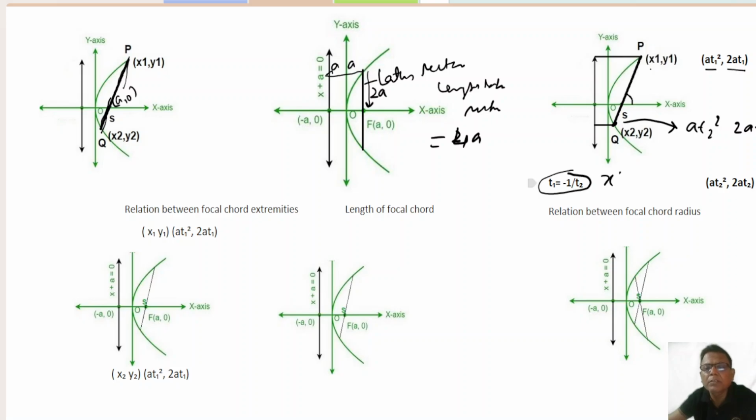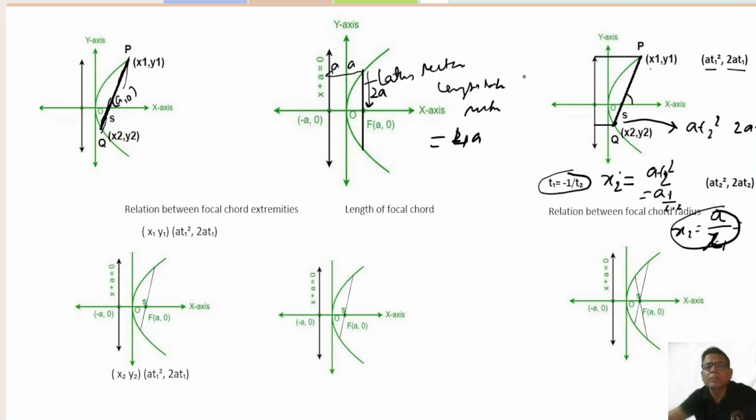Or you can further derive x2. What will be x2? x2 will be a t2 square. So a t2 is equal to minus 1 by t1.